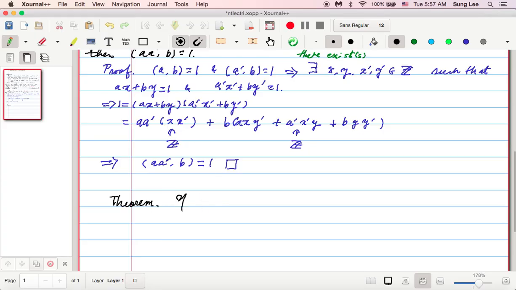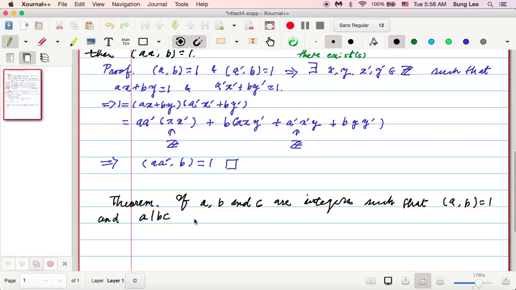If A, B, and C are integers such that A and B are relatively prime, and A divides B times C, then A must divide C. Okay, that's it.